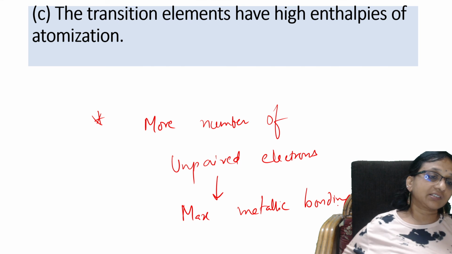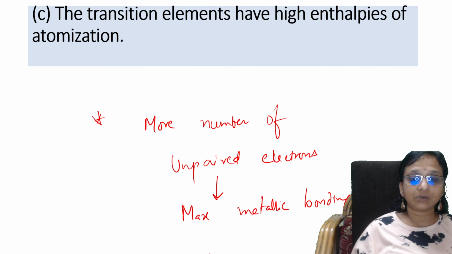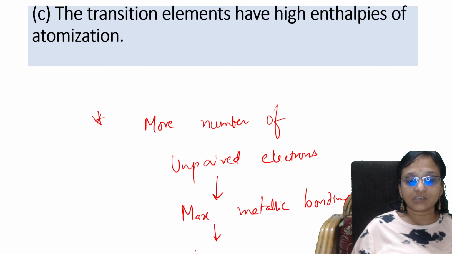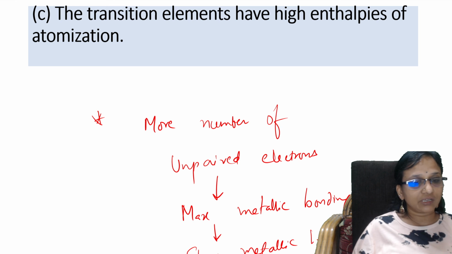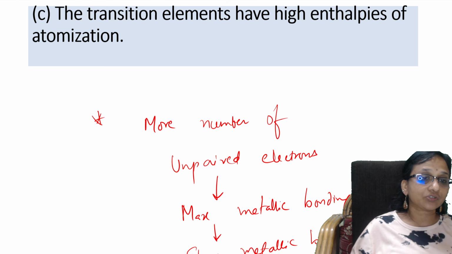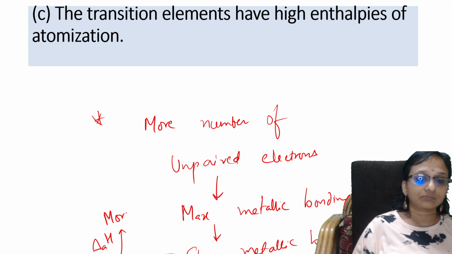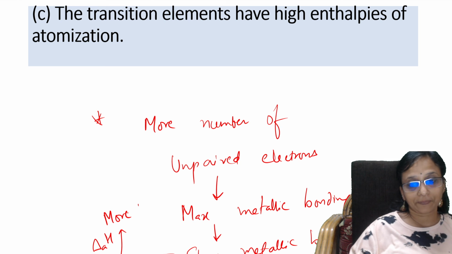When the bonding is maximum, remember that particular bond is strong. When the metallic bonding is strong, it is important, students, the enthalpy of atomization is high. That's all, easy. Next question.